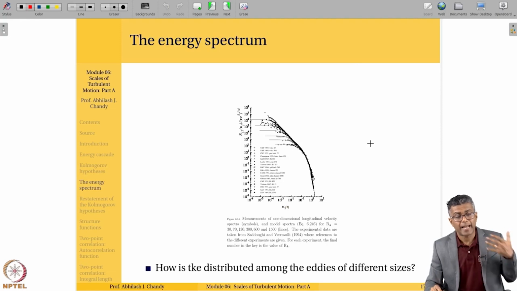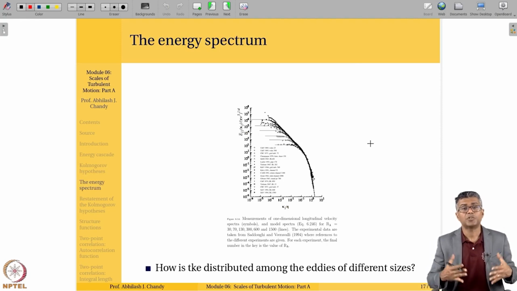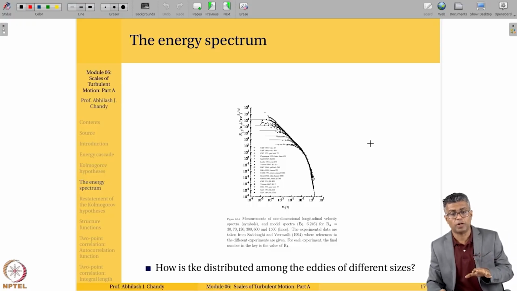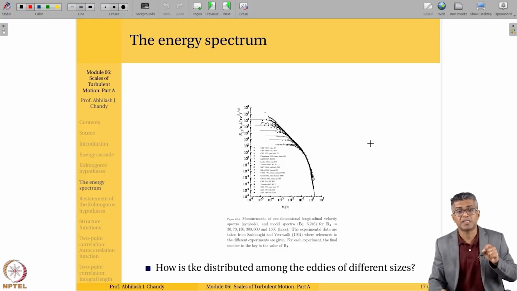So the next step would be to look at the energy spectrum and to think about how the turbulent kinetic energy is distributed across the eddies of different sizes. This is a picture that I have shown earlier, again from Pope's book. These are measurements of the energy spectra from different kinds of data.